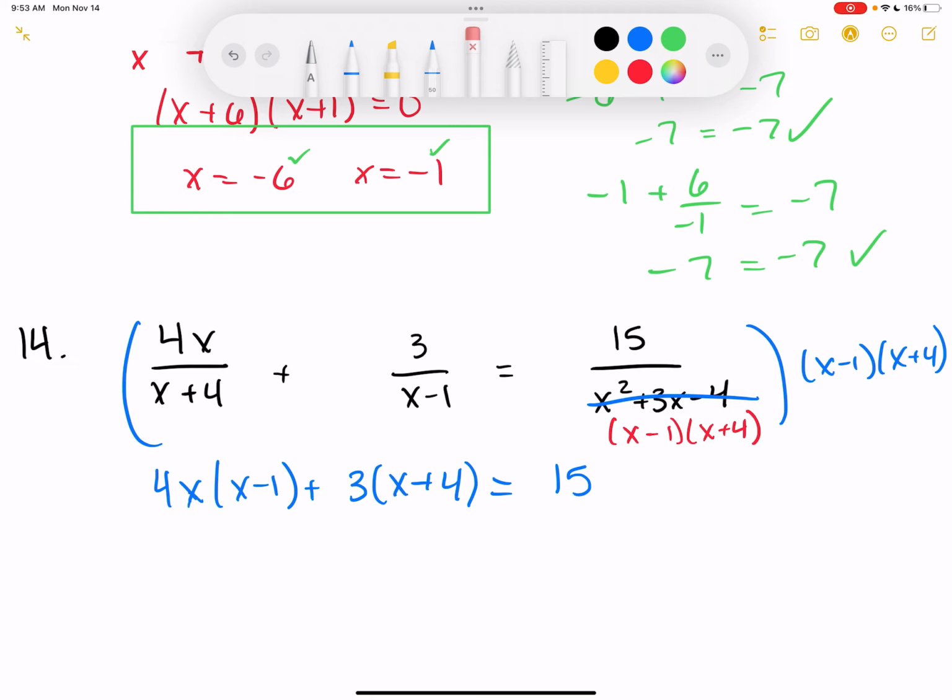So, distribute. We've got 4x squared minus 4x plus 3x plus 12 equals 15. So I'm going to move the 15 over and combine this middle term. So 4x squared minus x minus 3 equals 0.